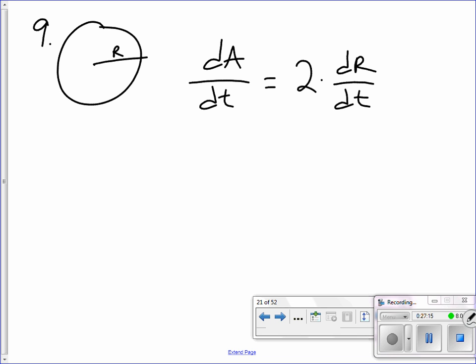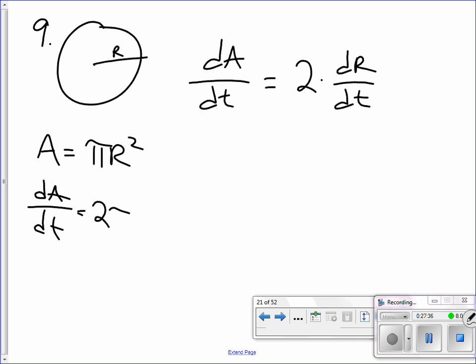Well, we got to figure out what dA dt is, right? I need to know the area of a circle so I know what to put in there. Or else I just have these 2 unknowns. I can't just solve it. So what is the area of a circle equal to? Pi r squared. So what does dA dt equal? 2 pi r dr dt.